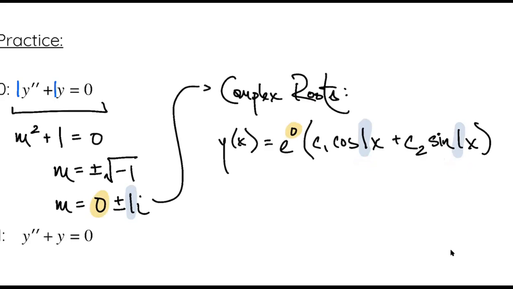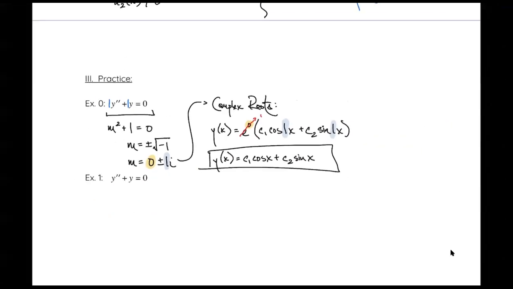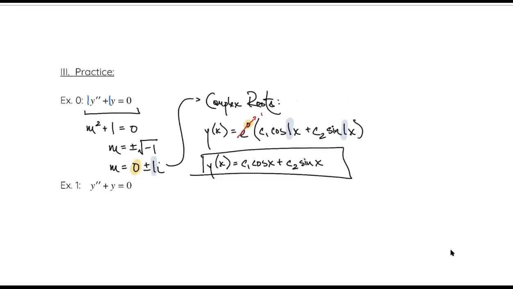Now I would fully expect that you simplify this, which is e to the 0, it's not 0, it is 1. And so we would say our solution y of x equals c1 cosine x plus c sub 2 sine of x. Okay. Look at the small amount of electric ink that we've used, right? This is like a 5-line problem at most.